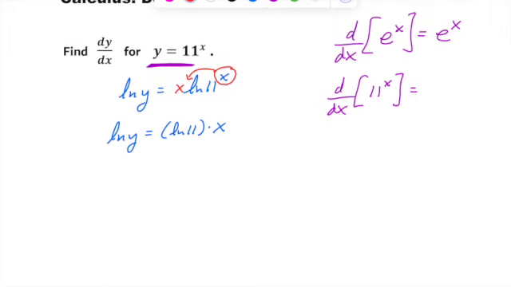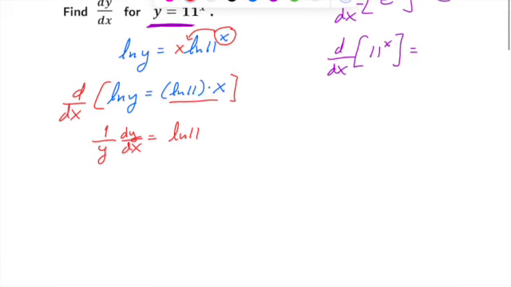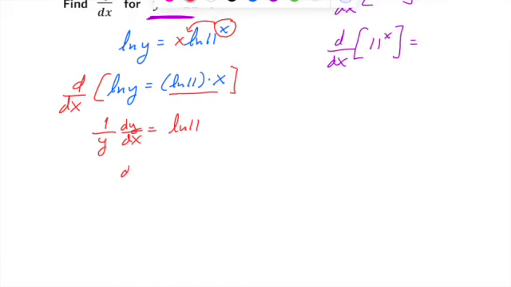The derivative of ln of y, see, I'm using implicit differentiation now, is 1 over y times dy dx, right? Over here, the derivative of ln of 11 times x is just ln of 11, no different than the derivative of 7x being 7. And so when I solve for dy dx, you just end up multiplying by y. So you get ln of 11 times y.